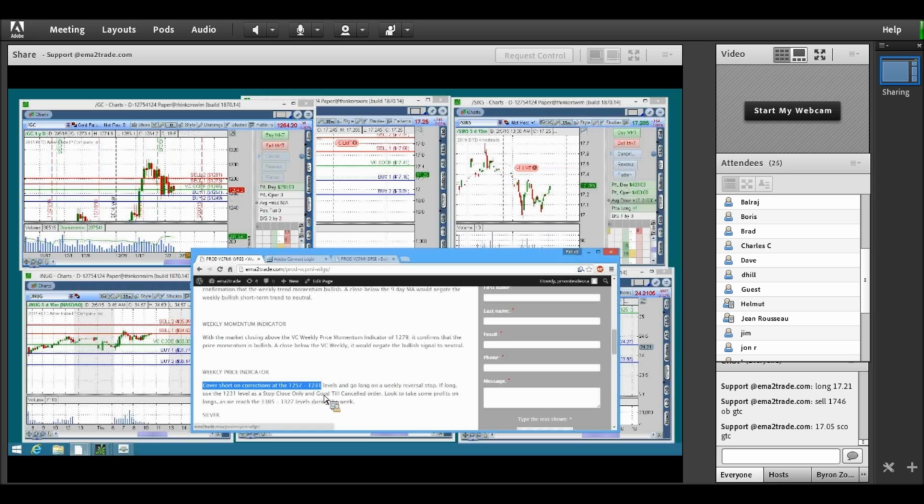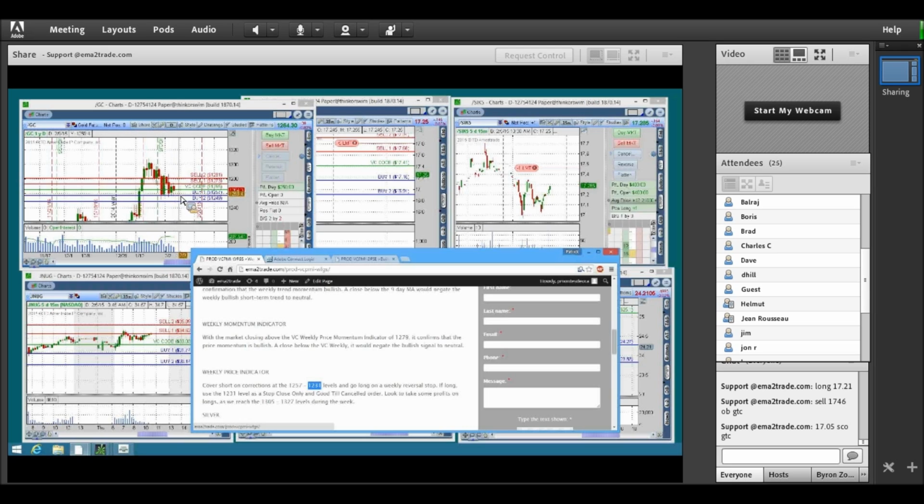And it tells you here that if we come down to these levels, you want to buy long. And if you buy long, then use the 1231 now as your stop level for next week. 1255 is the stop for this week, which was announced last Saturday.